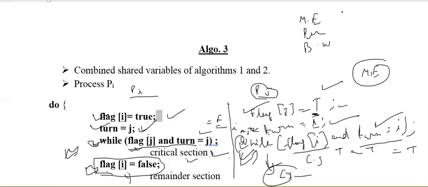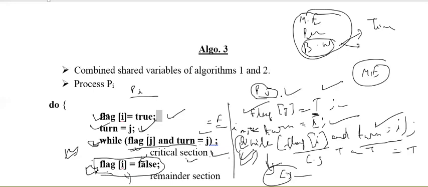Now why bounded waiting? Bounded waiting has two variations. One is time constraint. The second one is that once one process has completed its critical section, it is not immediately going to get the critical section again until and unless the second process is not interested.